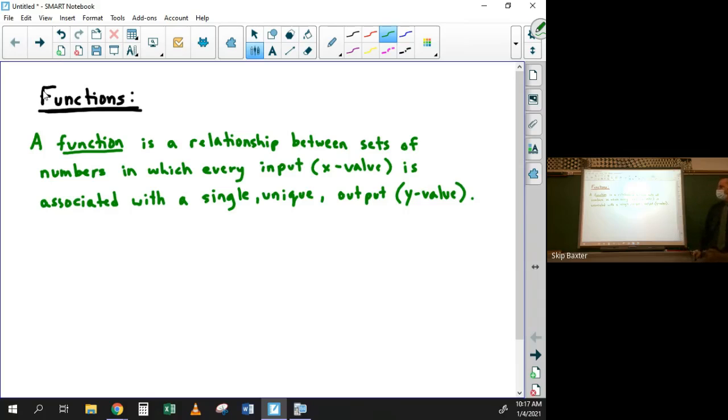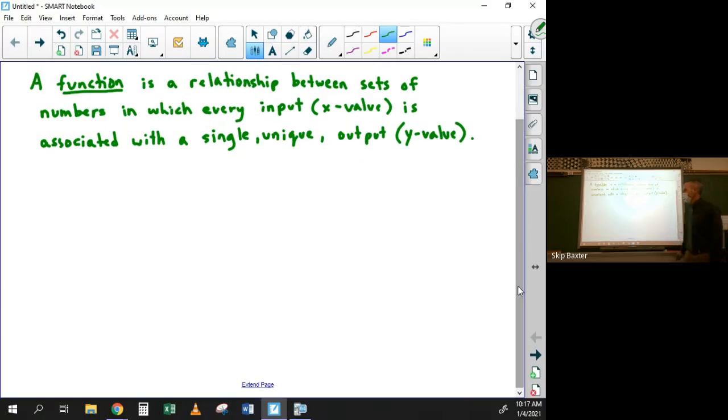Okay? So it's just a relationship between sets of numbers in which every input is associated with a single unique output. Okay? So there's lots of different ways to represent functions. For example, you could just have a set of points, right?